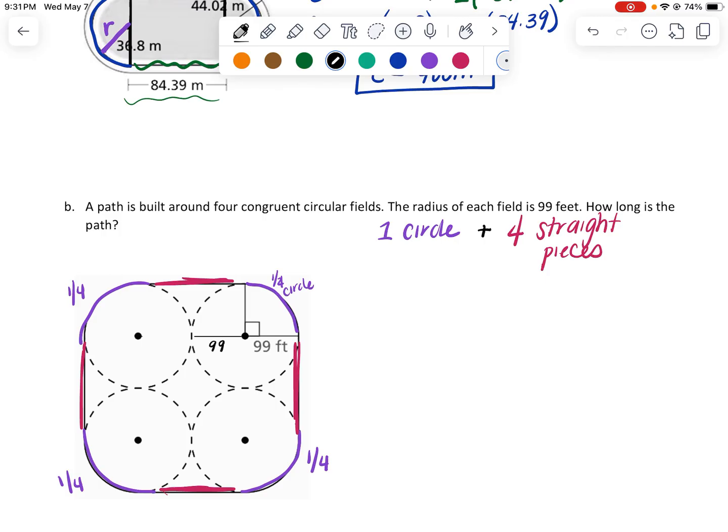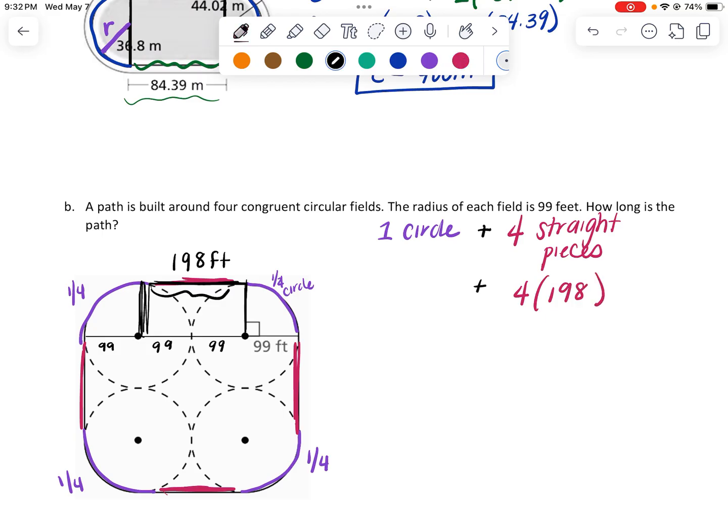It's also 99. This radius is 99. And this radius is 99. So if I'm looking at this pink mark from the center to the center, this distance up top, 99 plus 99 is 198 feet. So all of these pink pieces, there's 4 of them, and they're all 198 feet long.